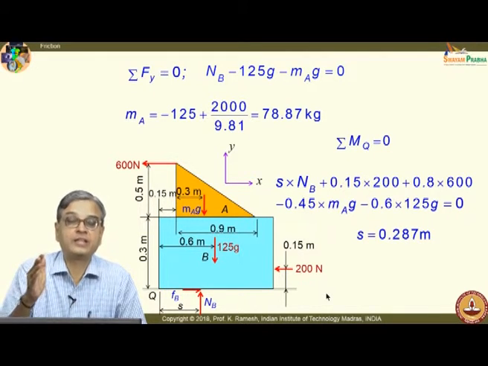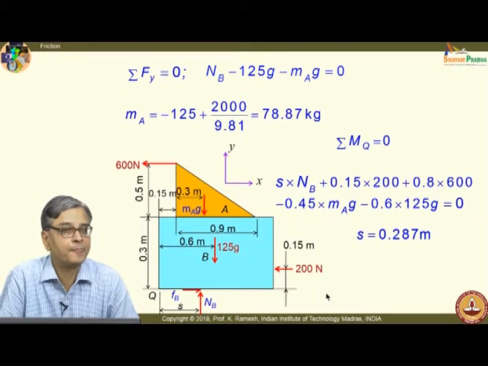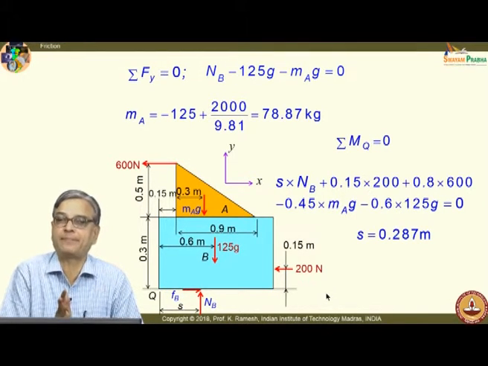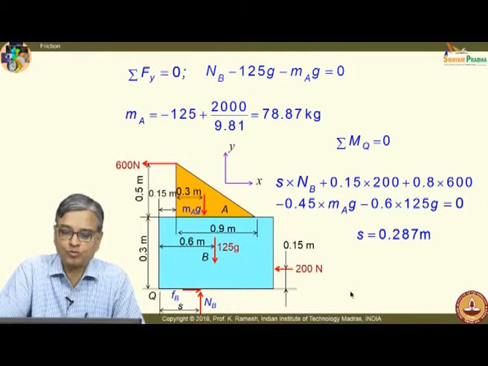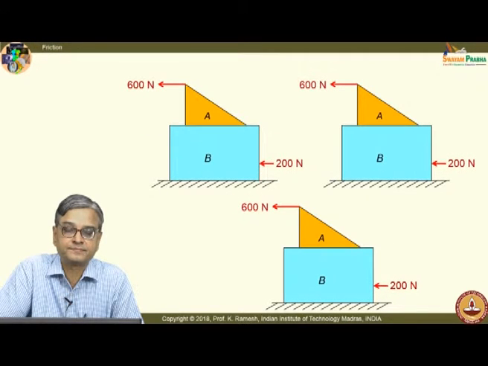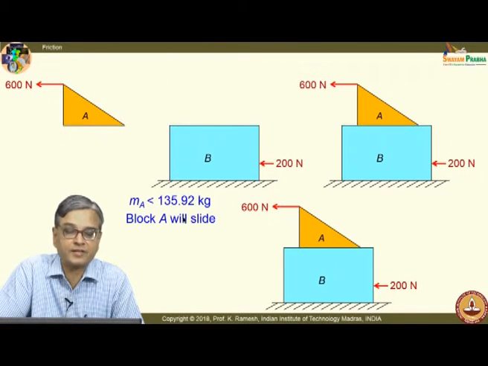So, when the mass of block A is 78.87 kilogram, we have confirmed that it will only slide, it will not tip. Now, let us go back and analyze what should be the minimum value for the block A so that it remains in equilibrium. We have got one answer for when block A slides. I got this as 135.92 kilograms.